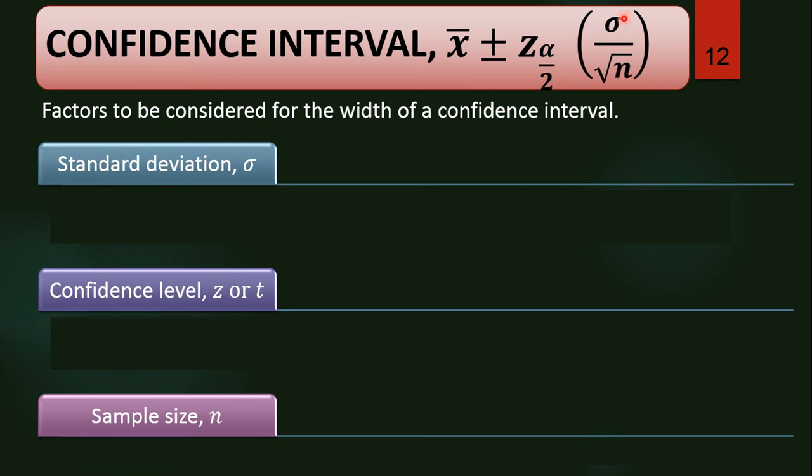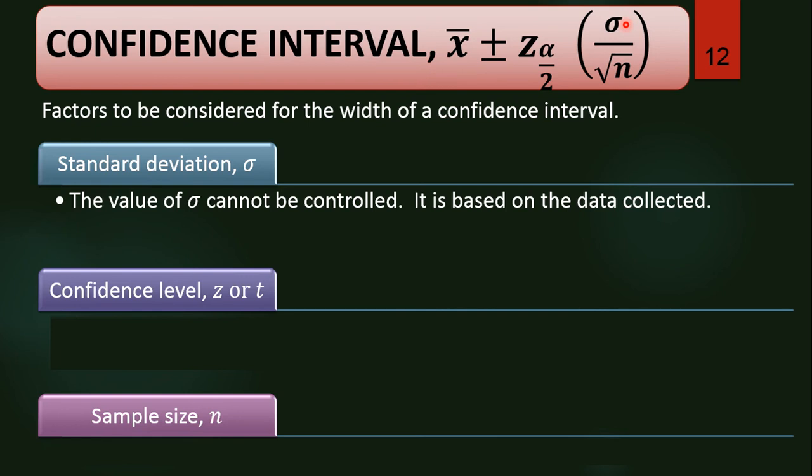But for the standard deviation, we cannot do anything. The value is uncontrolled; it is based on the data. So in order to control the width of a confidence interval, you need to adjust the value of your Z, which is obtained from the confidence level.